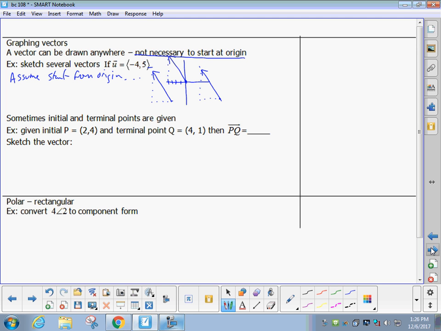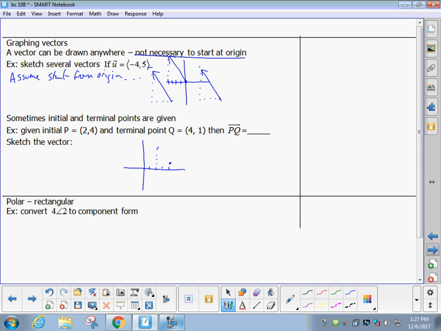All right. Now, sometimes they nail it down to a single point by giving you initial and terminal points. Initial obviously being the starting point of the vector, and terminal being the ending point of the vector. For example, if I told you that point P, which is 2, 4, notice those are rounded parentheses. These are points, not vectors. 2, 4 is a point in space. 4, 1 is right 4 up 1.